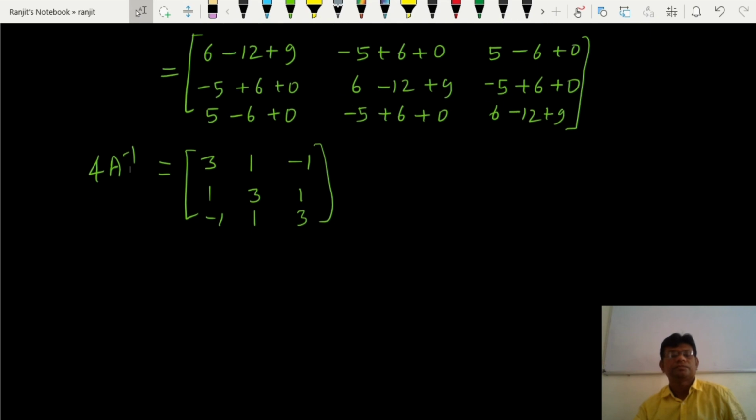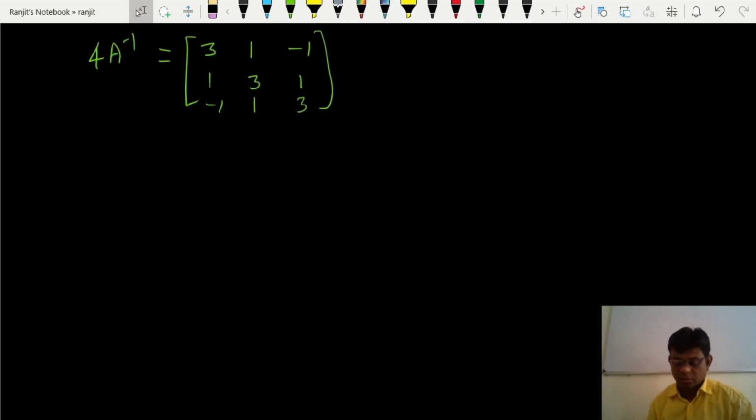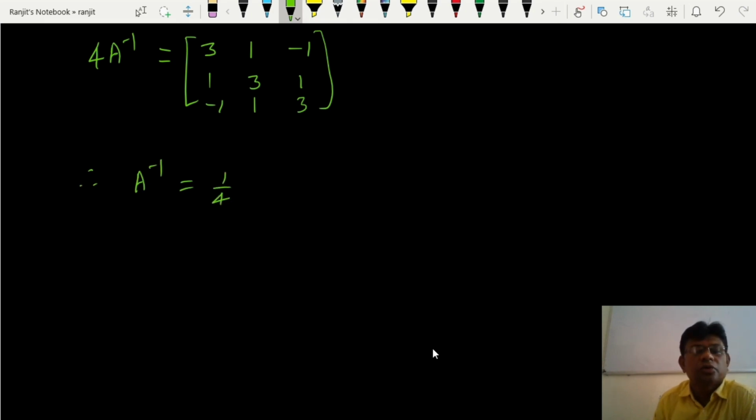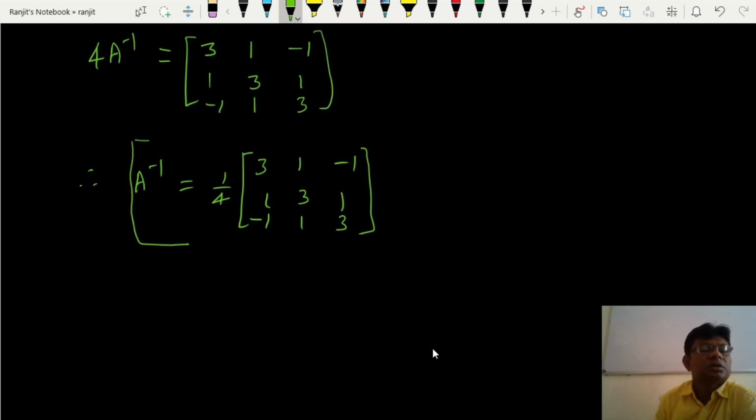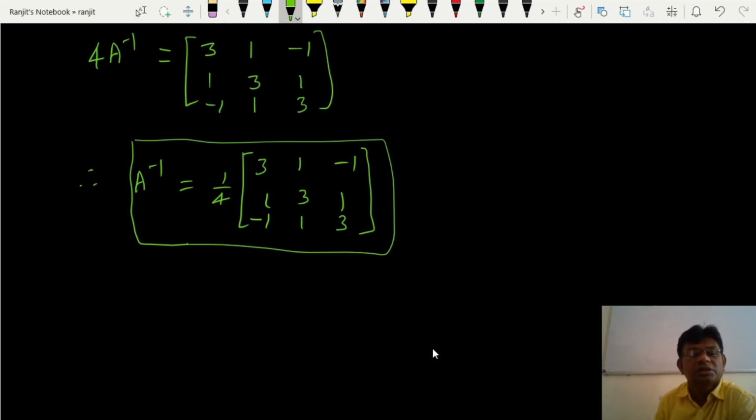Therefore, A inverse is equal to 1 by 4 times the matrix 3 1 minus 1, 1 3 1, minus 1. So this is the required inverse of the given matrix A by using Cayley-Hamilton theorem or by characteristic equation.